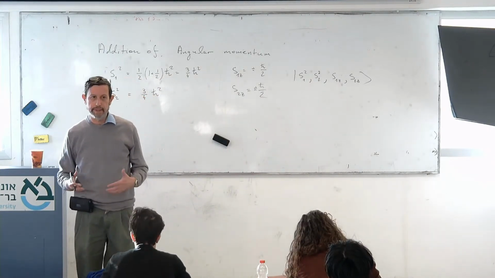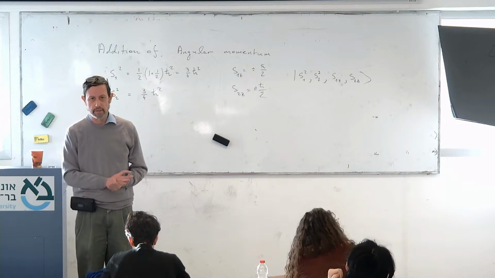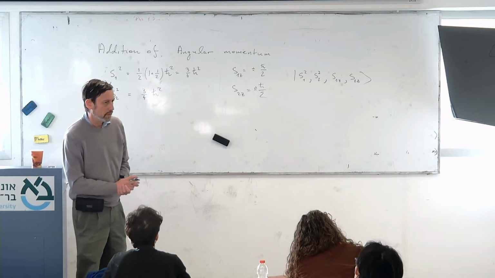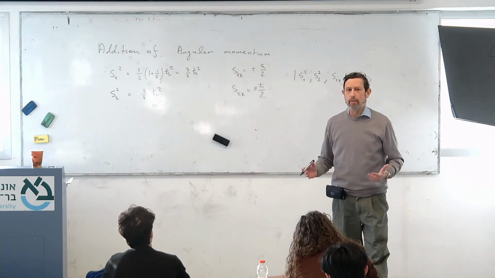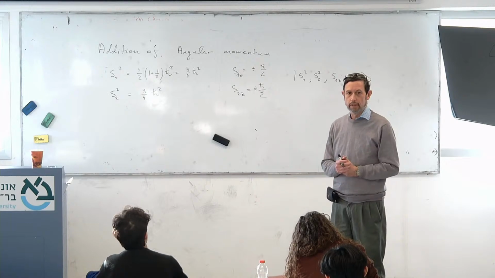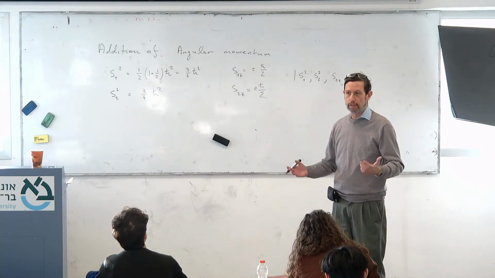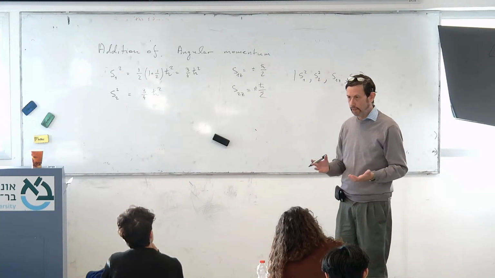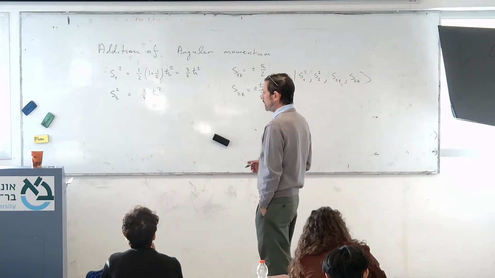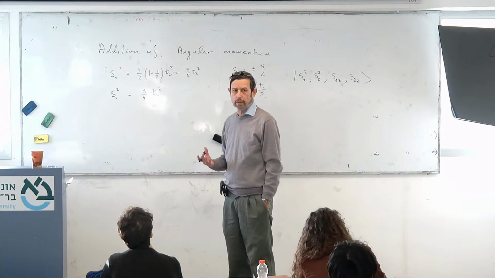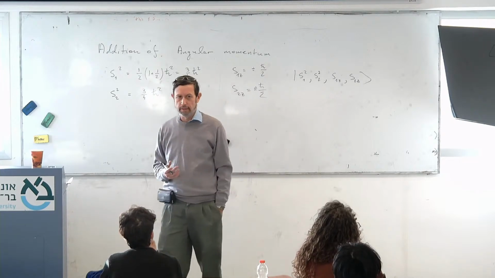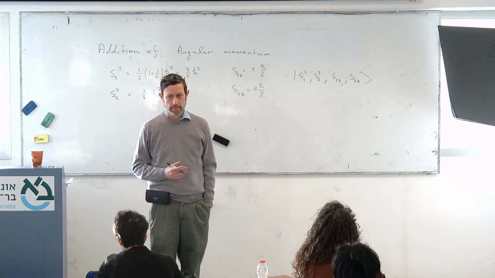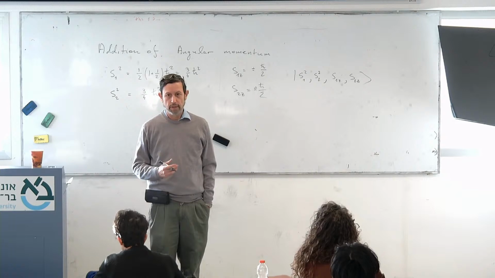The total spin would be S1 squared for the first particle, S2 squared for the second particle. In the Z direction, I'll have either plus h bar or minus h bar for each one of these particles, meaning that de facto I have here how many states in total? Physics that you can count even without removing your shoes.